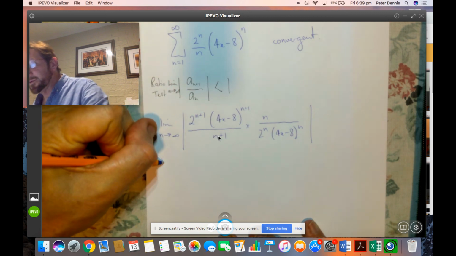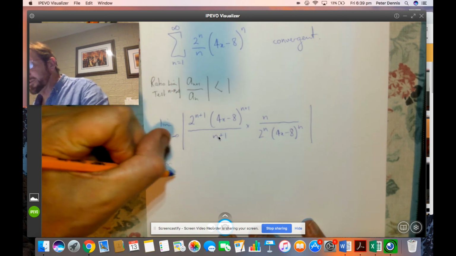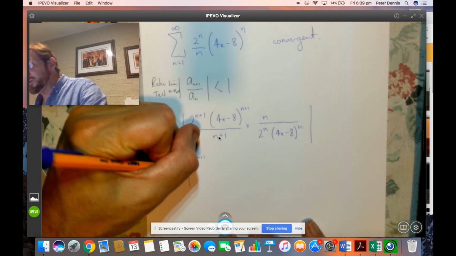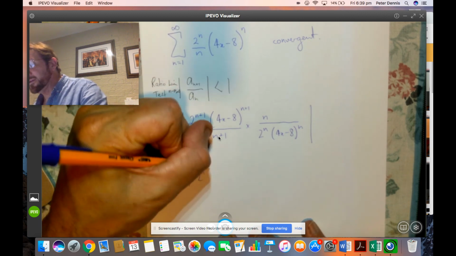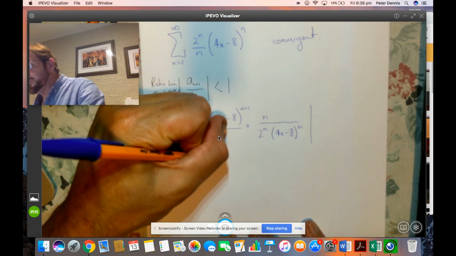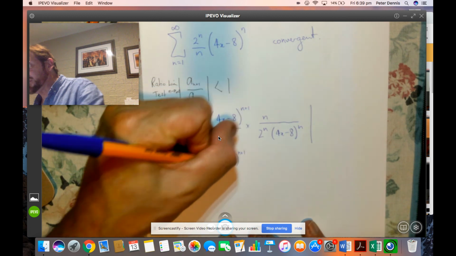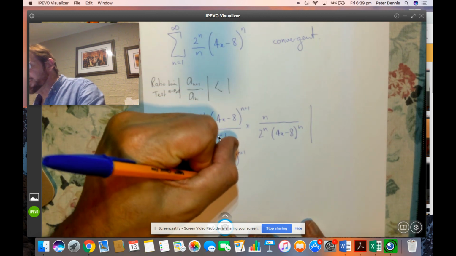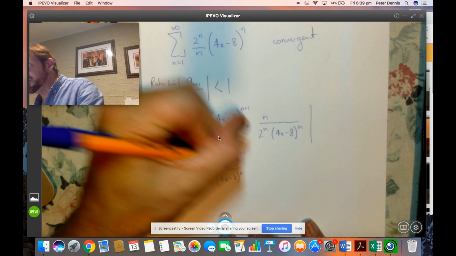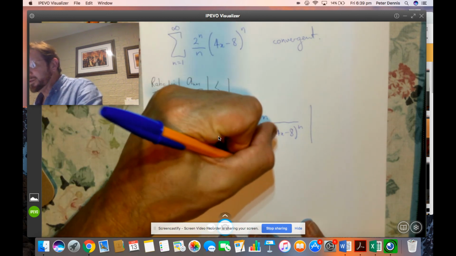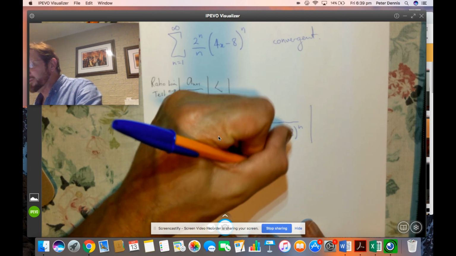So it's the limit as n tends to infinity of the absolute value of 2 to the power of n over 2 to the power of n plus 1, times 4x minus 8 to the power of n plus 1 over 4x minus 8 to the power of n. What have we left with? Plus an n times an n over n plus 1.